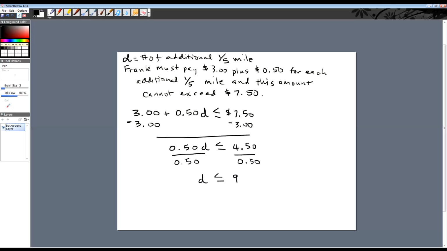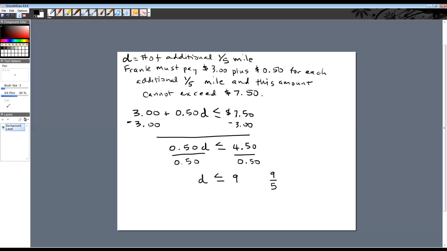What this is telling us is, since D is given as the number of additional fifths of a mile, there are 9 of those that he can go. So he can travel 9/5 in addition to the first 1/5 of a mile, which was covered by the original $3 fee.